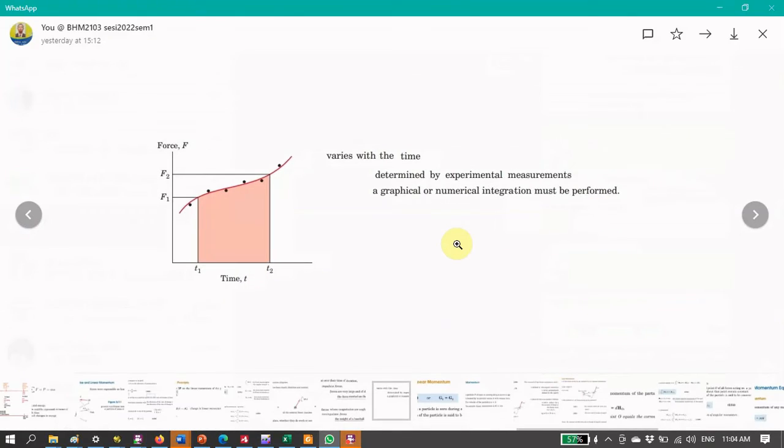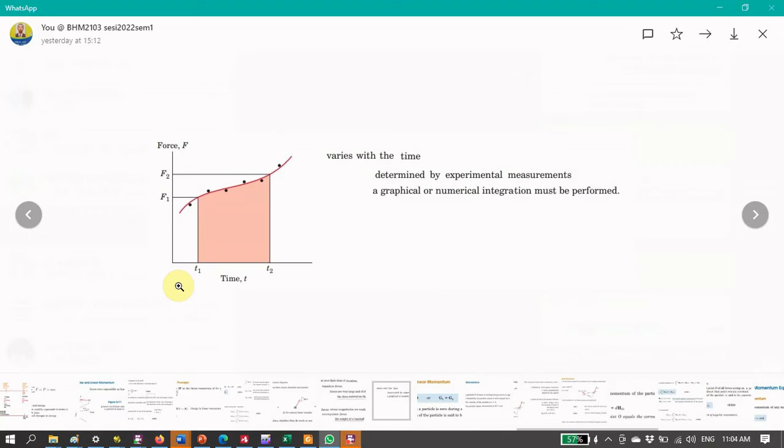We are looking now at forces that vary with time. Normally the linear impulse, the integration or summation of forces, takes quite some time for this case. The text mentions two ways that we can evaluate the linear impulse.